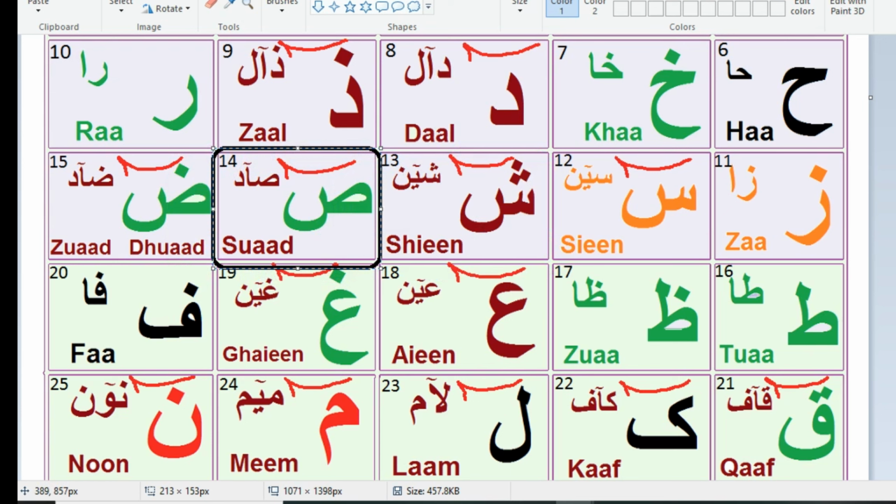swad. Okay, this is a strong S, strong seen, okay? Swad, touch both sides of the tongue to the teeth, okay, then say swad, read on the sides, okay? Next, zuaad.